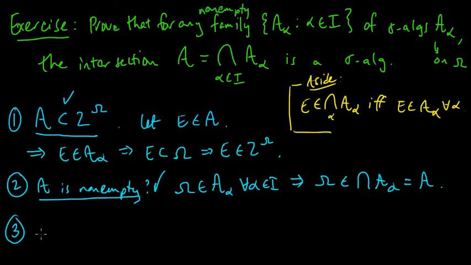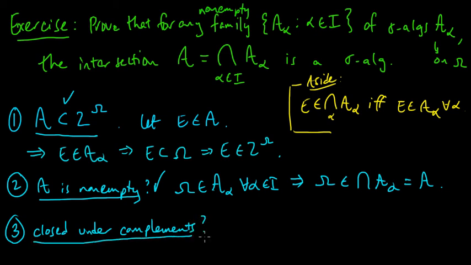Number 3, let's see, what else do we need for a sigma algebra? Oh, right, we need it to be closed under complements. So is it closed under complements? Let's make a little more space here.